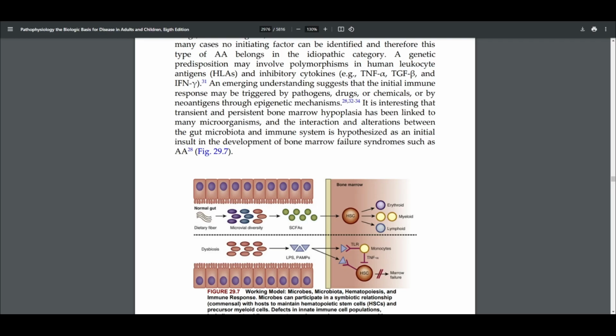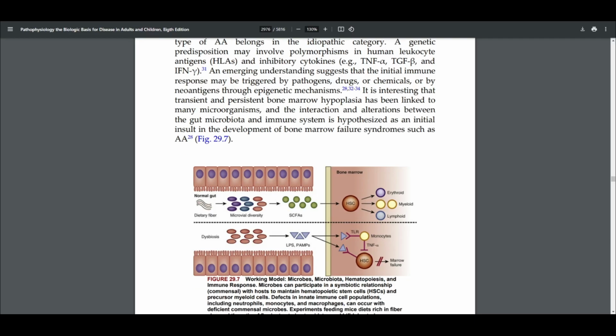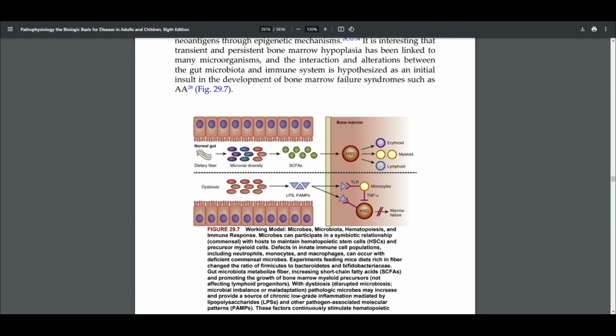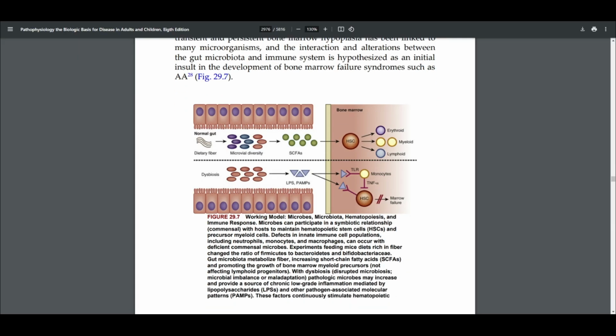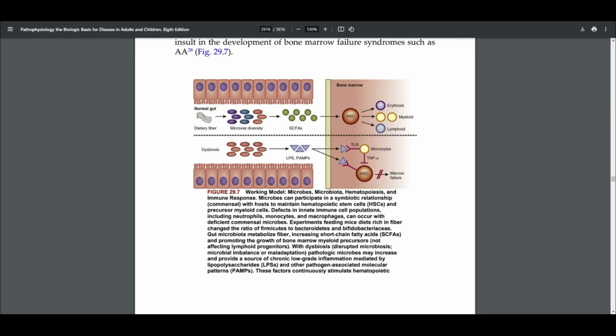It is interesting that transient and persistent bone marrow hypoplasia has been linked to many microorganisms, and the interaction and alterations between the gut microbiota and immune system is hypothesized as an initial insult in the development of bone marrow failure syndromes such as aplastic anemia. So here we're taking a look at the working model of microbes, microbiota, and hematopoiesis, and the immune response.